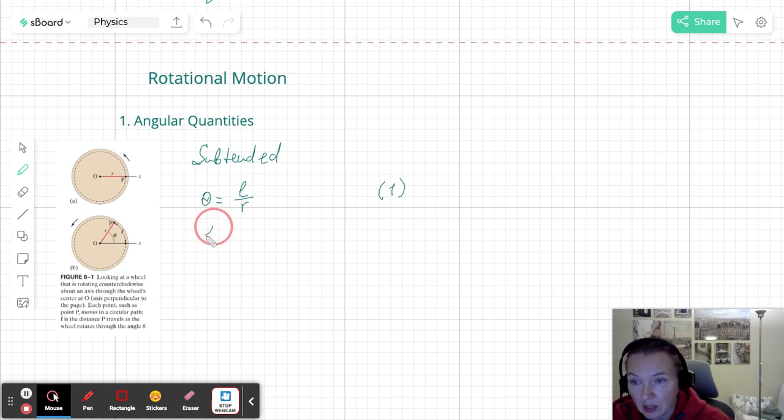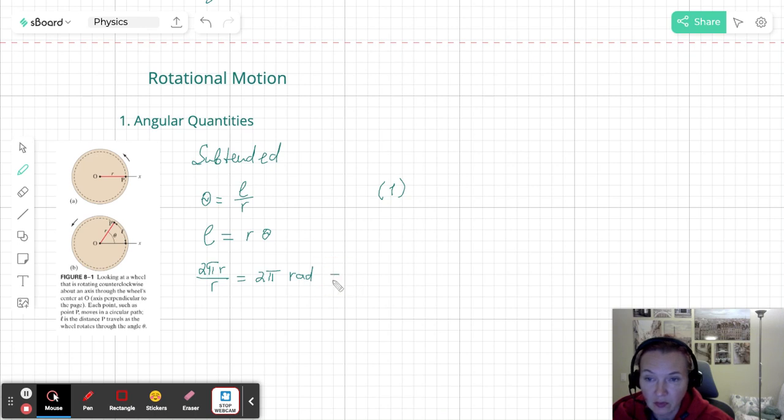Now from here we can say that the distance L has to be equal to r times theta. Those are equivalent equations. We also know that if the length of the full circle is 2 pi r, and we divide that by r, then we have 2 pi radians, which is equivalent to 360 degrees.